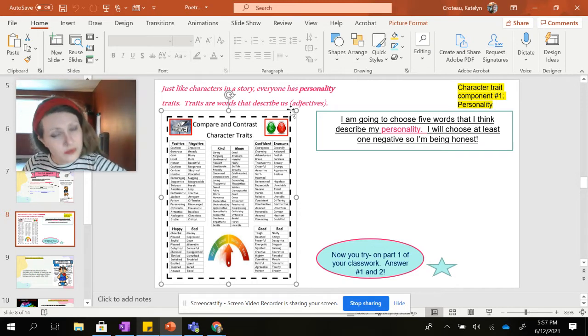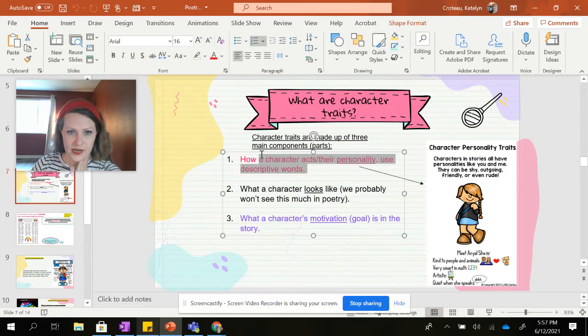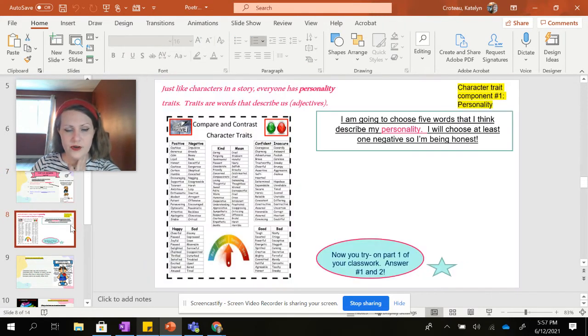So I'm going to choose 5 words that I think describe my personality, which, remember, is component 1 here. 5 words that just describe my personality, not how I look, not what motivates me, just my personality. Then I'm going to choose 1 negative trait because I want to be honest. Nobody's perfect. We have positive and negative things about us.